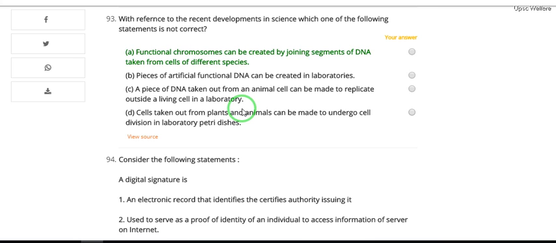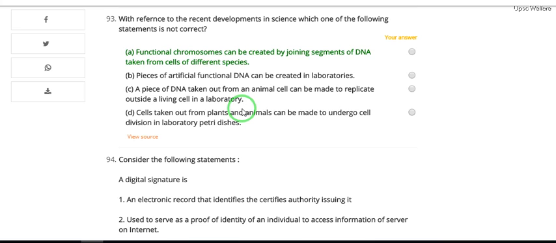Why is it so? Because B is to be eliminated, because pieces of artificial DNA can be created in a laboratory, of course, it's possible. And if you see A, pieces of DNA taken out from an animal can be made to replicate outside a living cell in the laboratory, of course, it's possible.